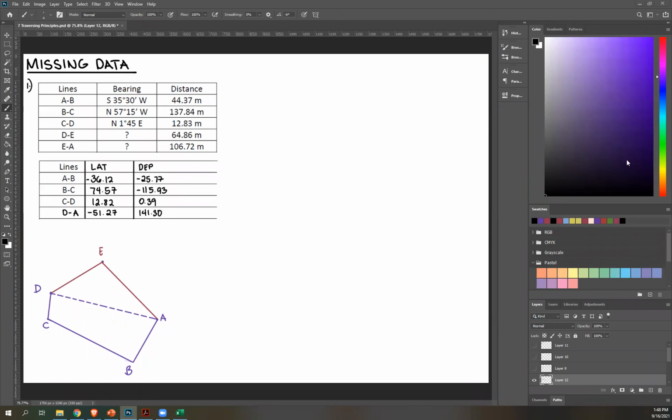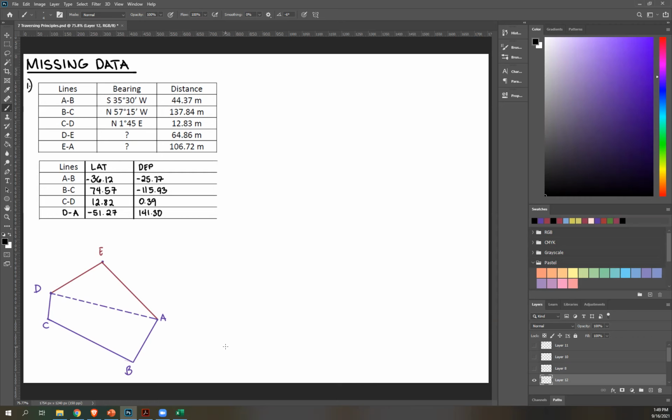Now let's check if that is consistent with our drawing. Latitude is negative, that means it should be going south. Departure is positive, so that should be east. And if you try to get the bearing of this, if I draw the north-south line, that is indeed from the south going east for its bearing. Okay, so our drawing is accurate.